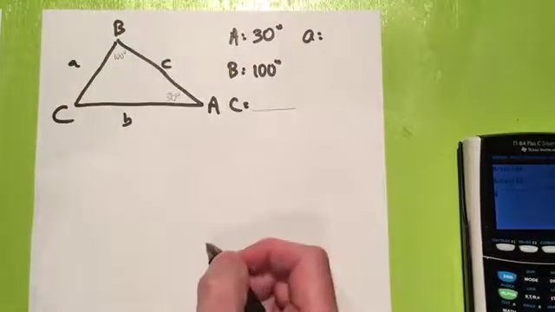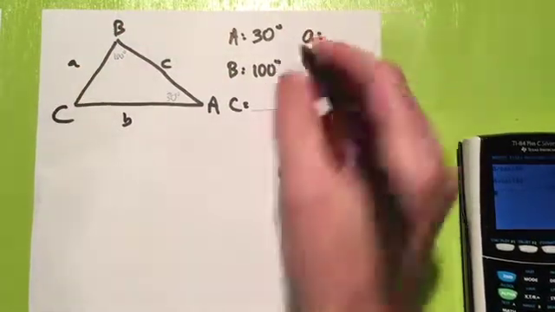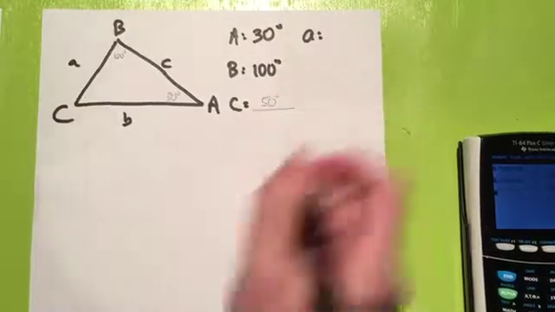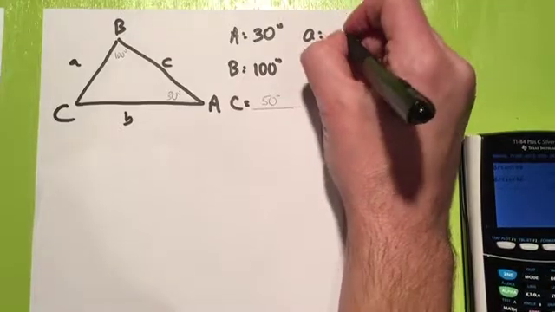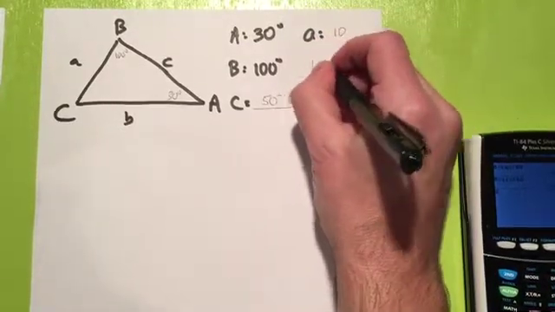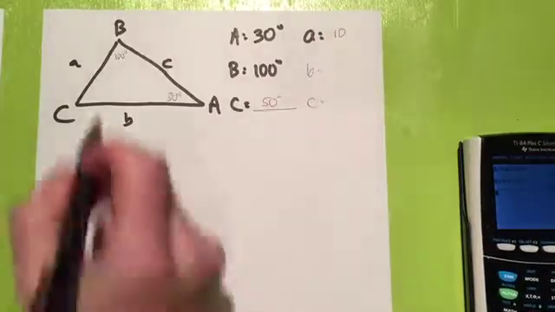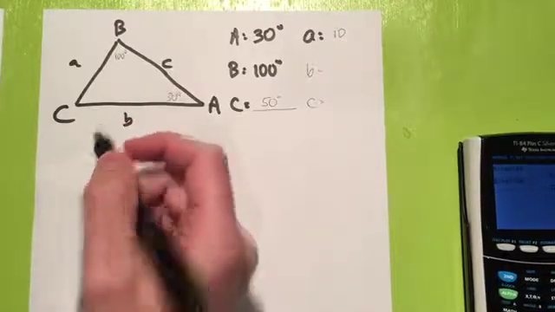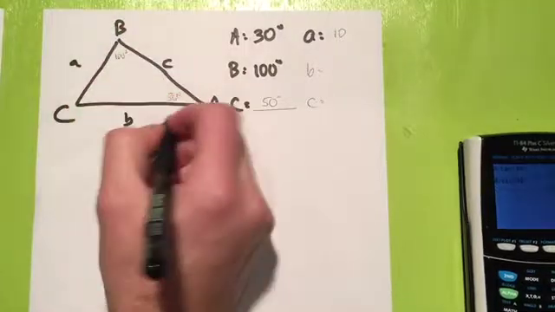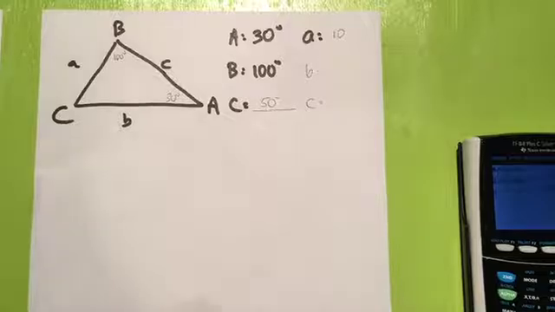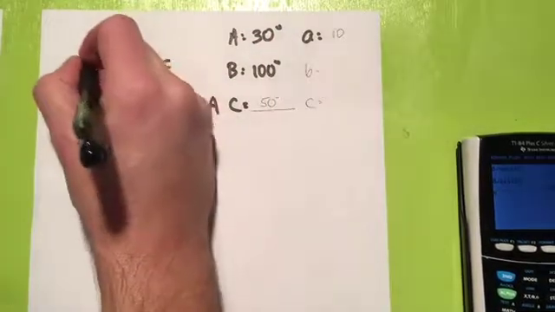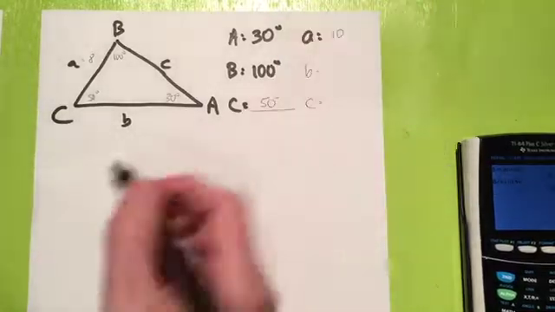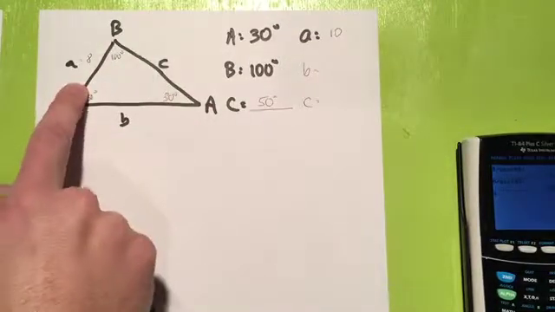Easy to find the missing angle measure there. That's going to be 50 degrees. Let's say A is a measure of, just to make it simple, 10. I didn't want to do the one where we've got multiple angles, multiple side lengths, so start off easier. If we've got one side length, now here we have an angle-side triangle.